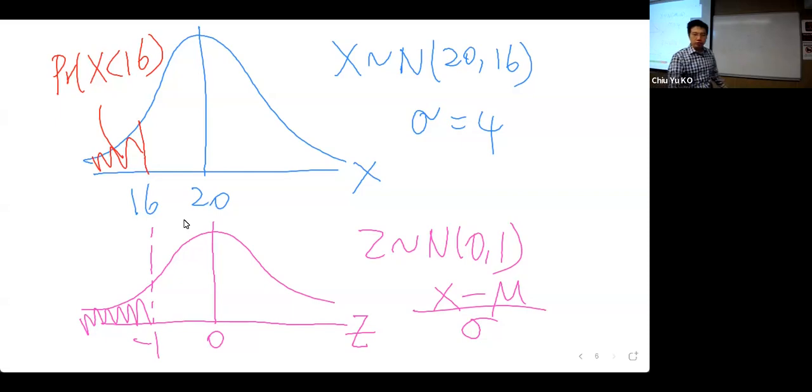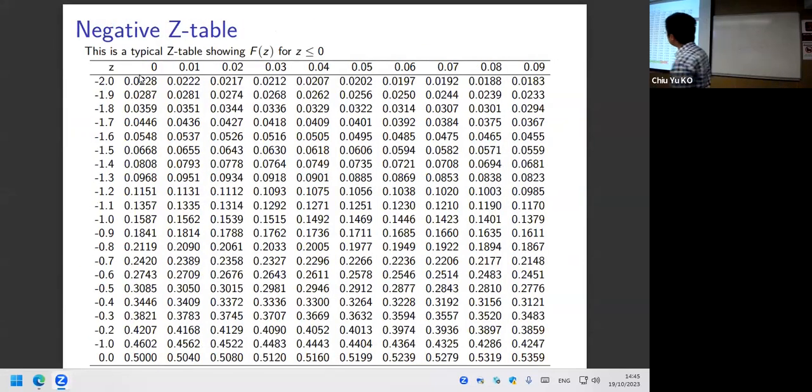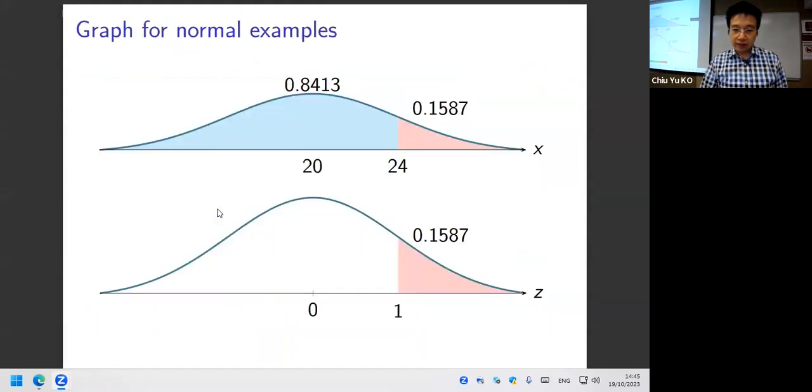I'm not going to use any stat table, but you should be able to do that. So it's -1 on 0, and -1 is 0.1587. I hope that has become clear.